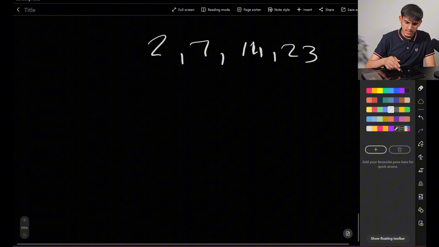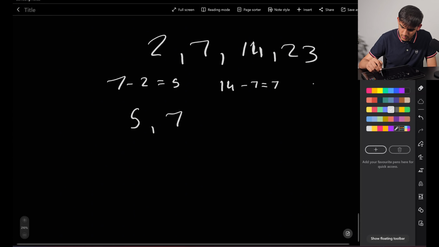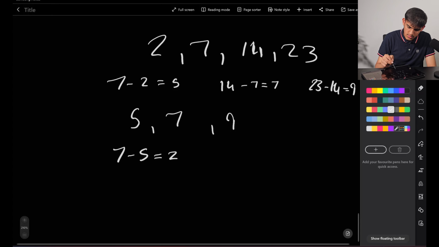So 7 take away 2 equals 5. 14 take away 7 equals 7. 23 take away 14 equals 9. Now we work out the second difference. So 7 minus 5 equals 2. 9 minus 7 equals 2.